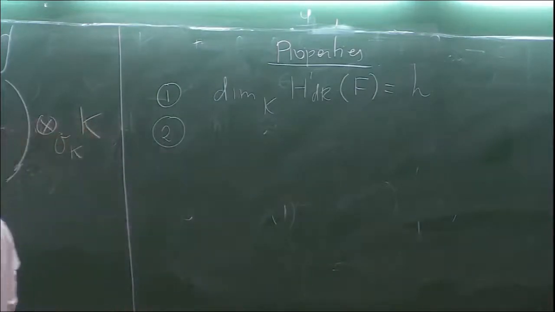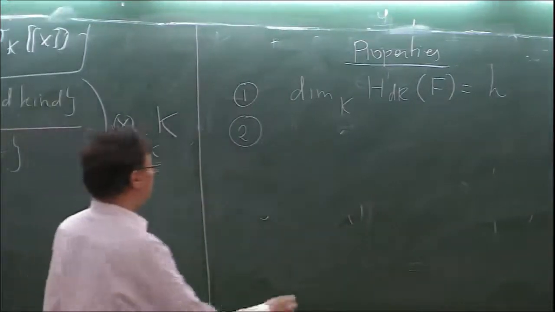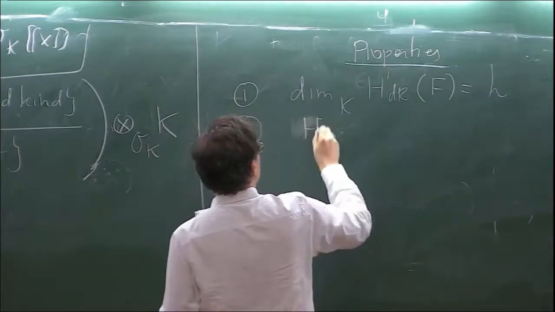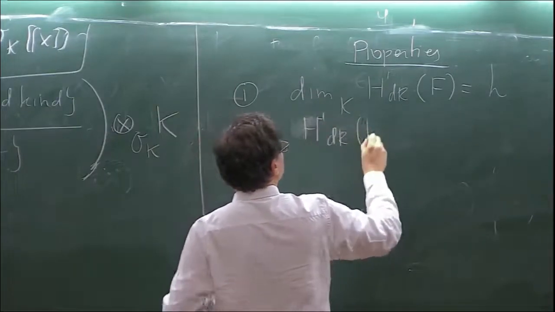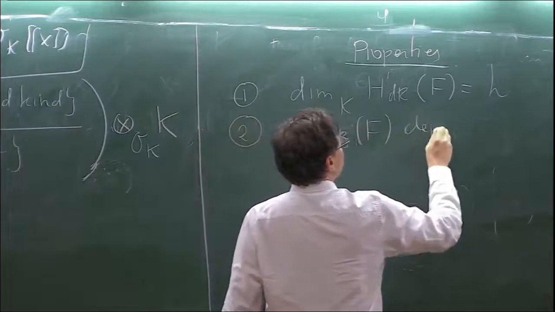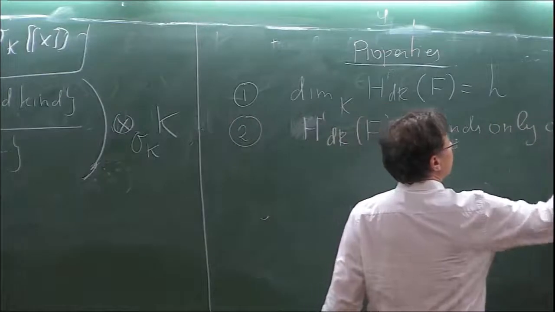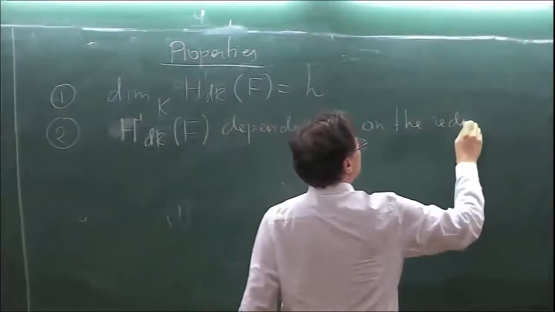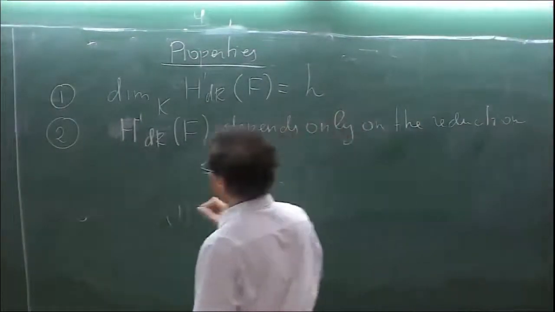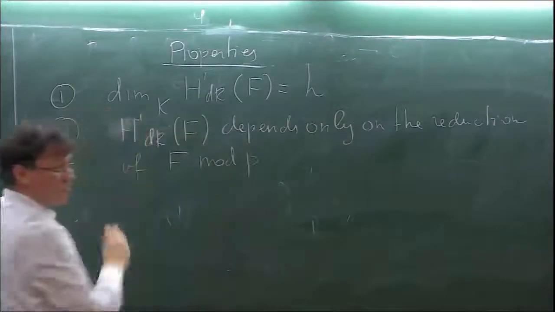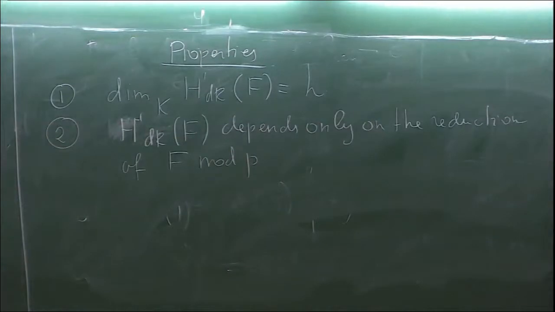Next, from this definition, it can be seen immediately that H1 dR of F depends only on the reduction of F mod P. This is just some easy computation with power series.